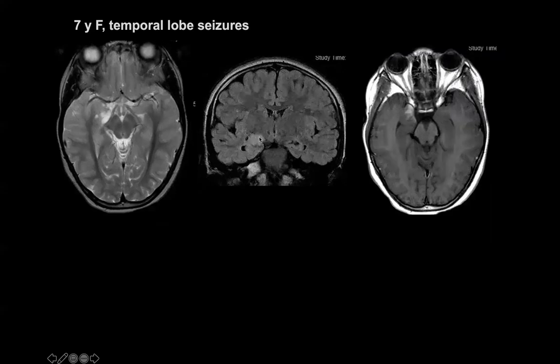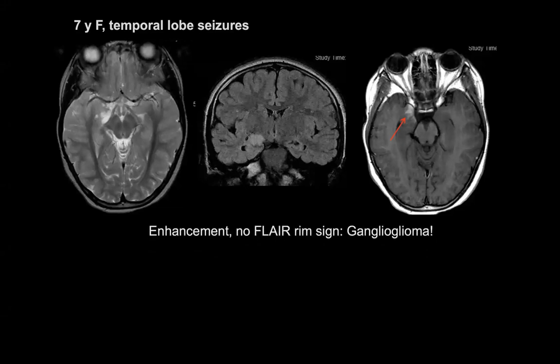And this is a ganglioglioma. Typically they appear in the meso-temporal lobe and they show this enhancement. Why is this important? Well, two things. You need to change a bit your protocol because you need a post-contrast scan, and the ganglioglioma can be actually quite aggressive sometimes.